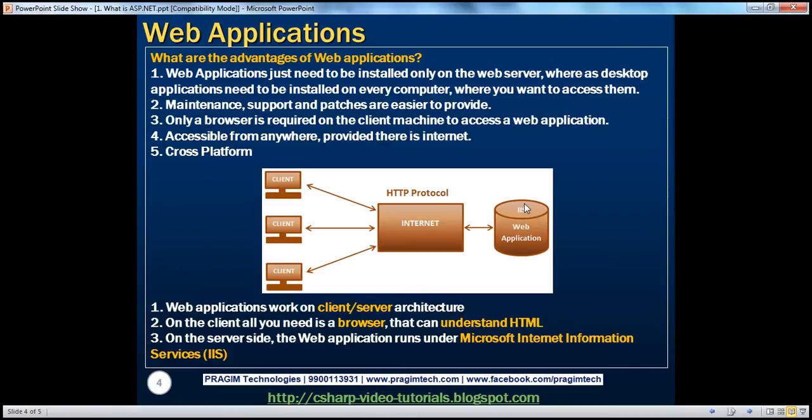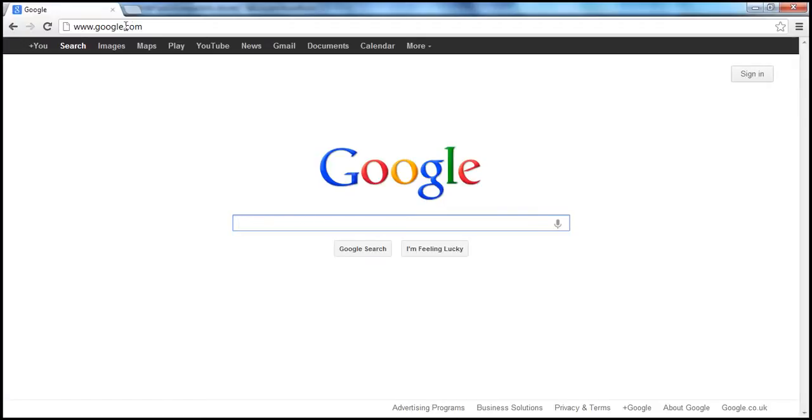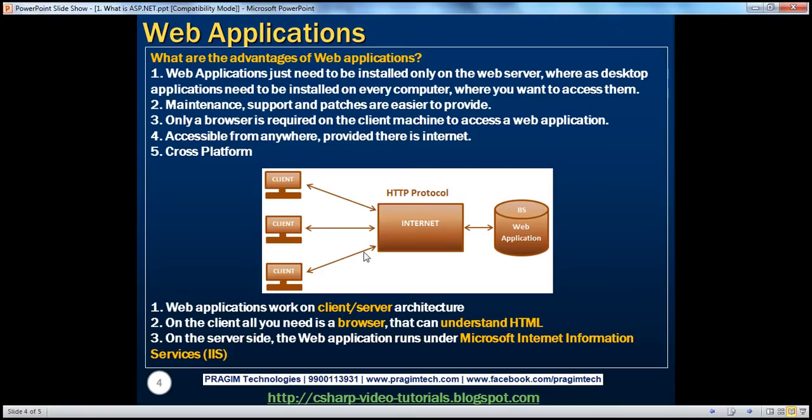Whenever I open a browser like this and type in the URL google.com, when I press enter, what's going to happen? The request goes via the internet using a protocol called HTTP, standing for Hypertext Transfer Protocol.